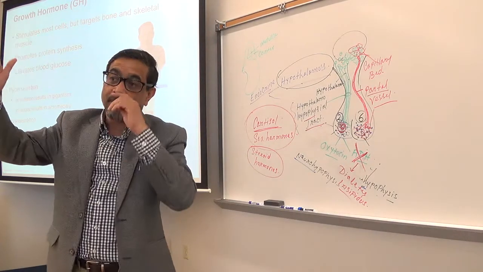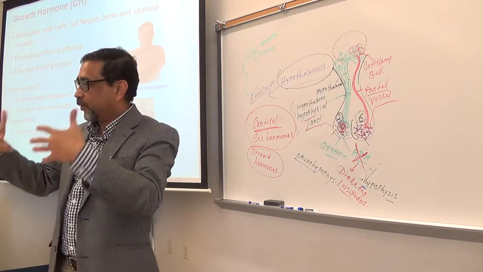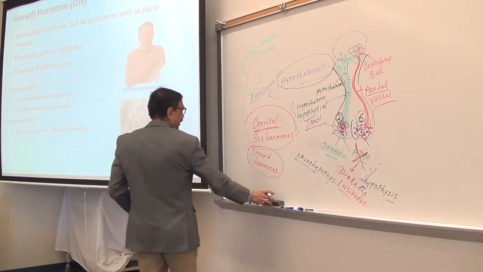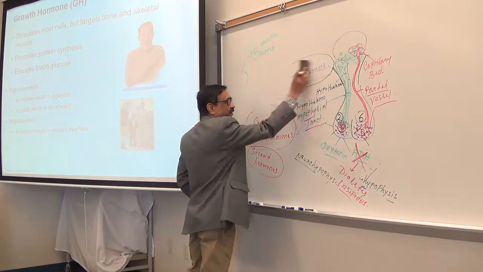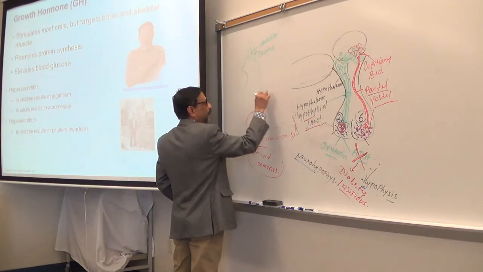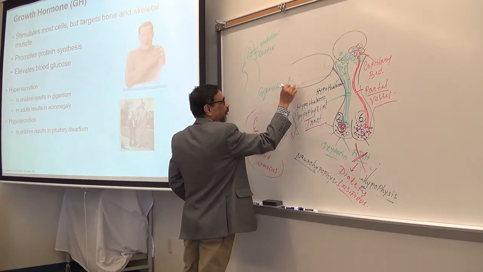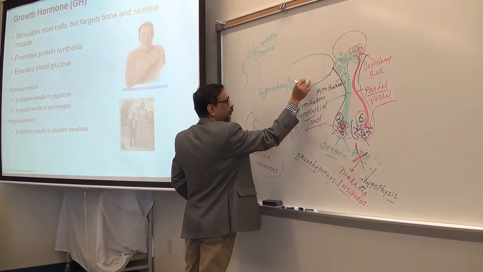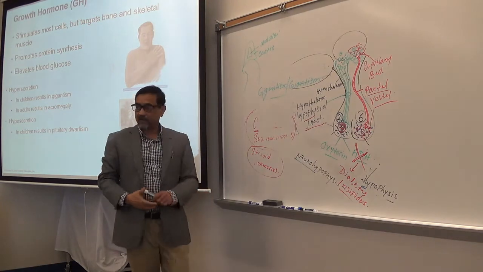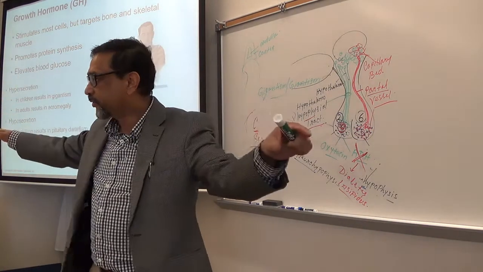So, if during the early part of your life growth hormone secretion is more, that will cause gigantism or giantism. Make sense? The person will grow much bigger than average people, right?